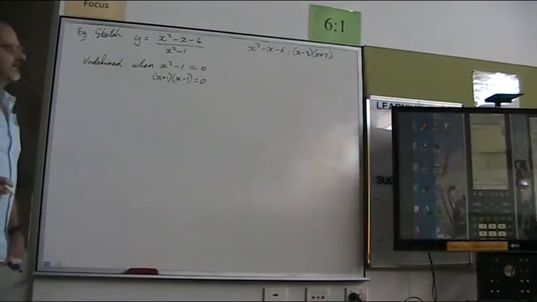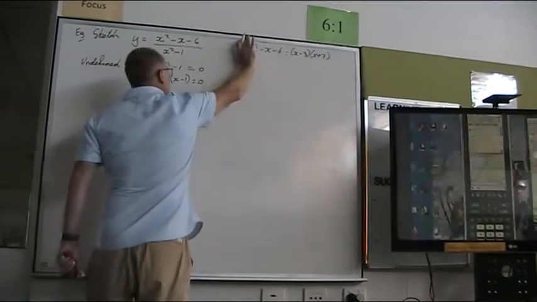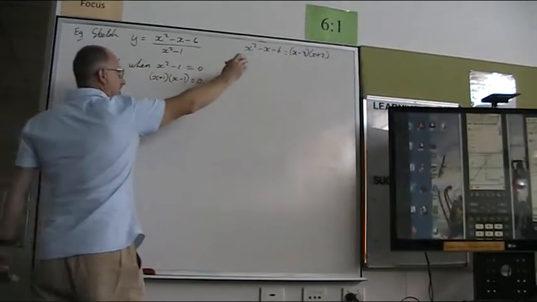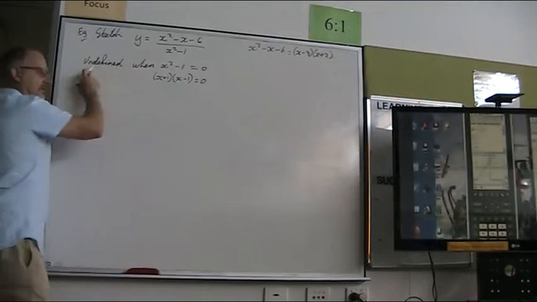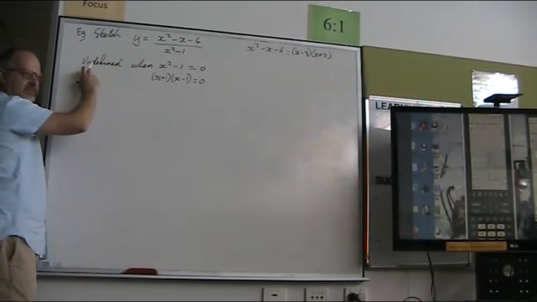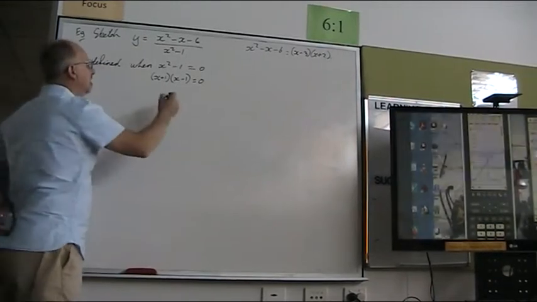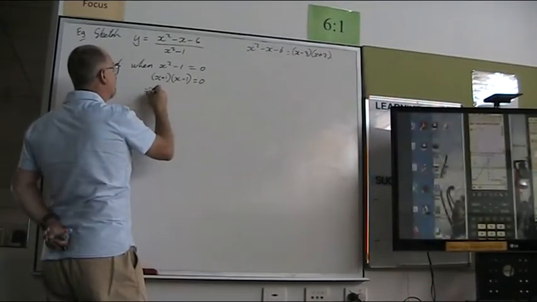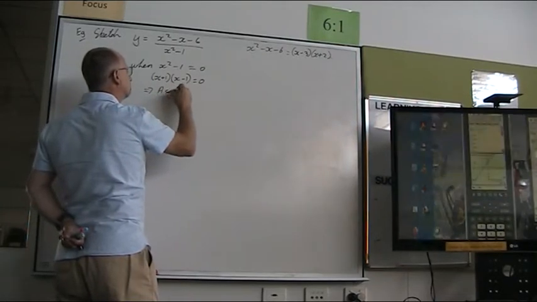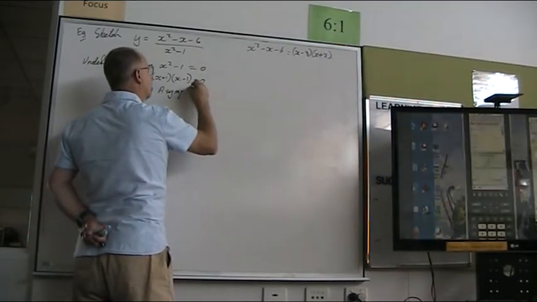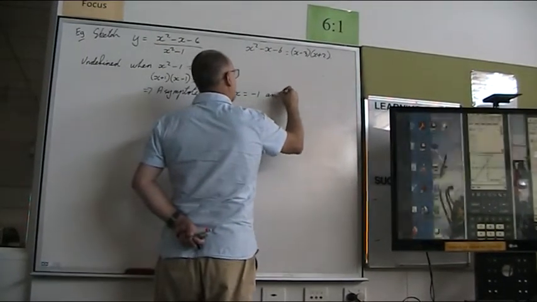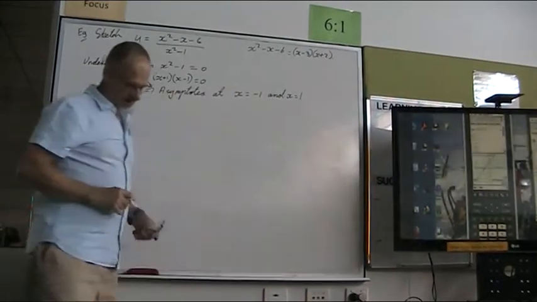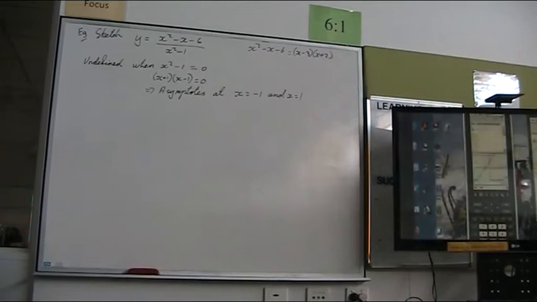So there's not going to be anything on the top to cancel out with the bottom, so it's going to be asymptotes, not discontinuity. So we have two vertical asymptotes: x equals -1 and x equals 1. It's very interesting, isn't it?